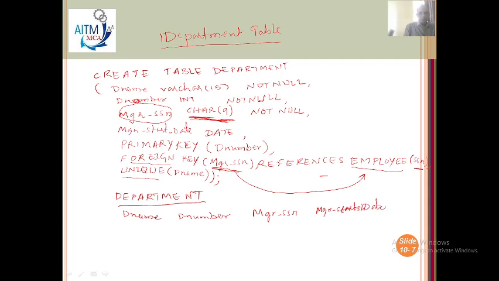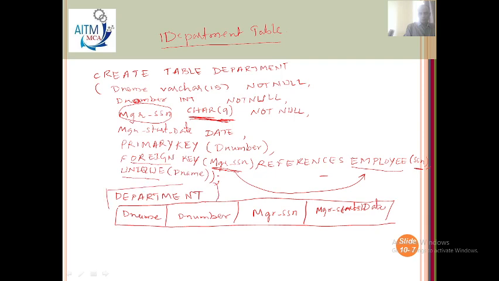These are the 4 attributes of a department table. The table will be created like this. This is the department table. Which is the primary key here? Department number. So here the department number is the primary key.